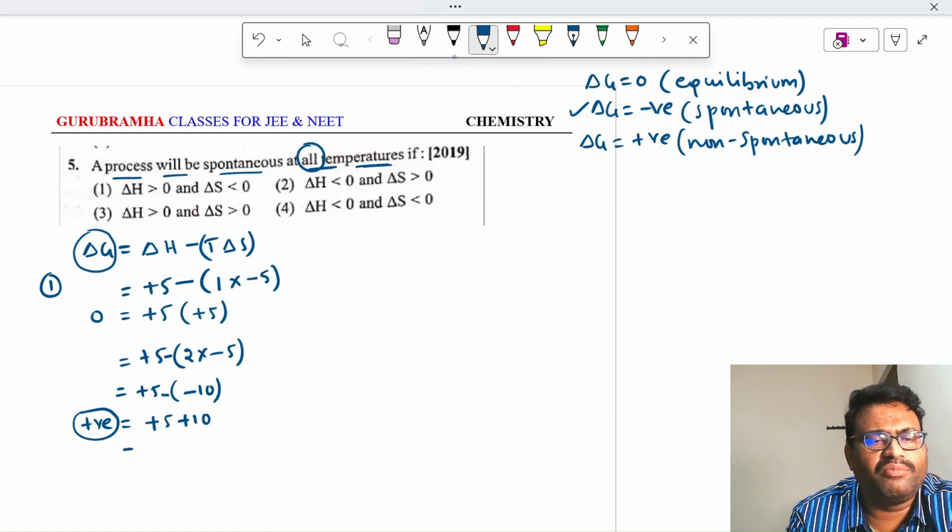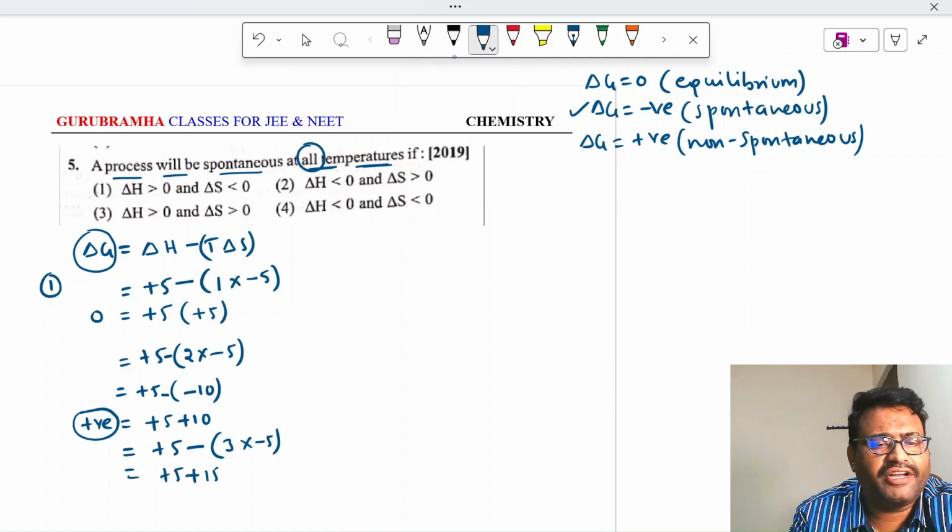Let us go with one more. Decrease the temperature. Already it is 1, 2 I have taken. Or we shall increase one more Kelvin. So plus 5, 3 into minus 5. So what do you get? Plus 5 plus 15. So what do you get? Again positive.